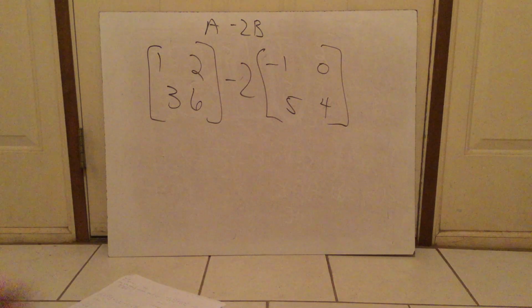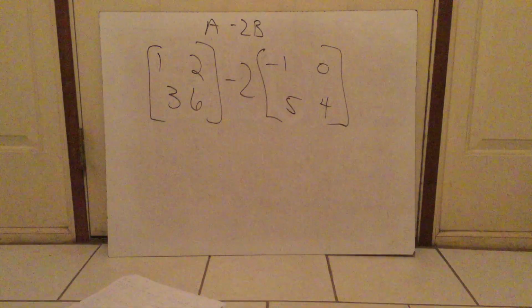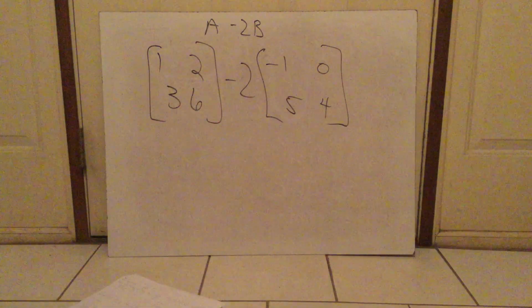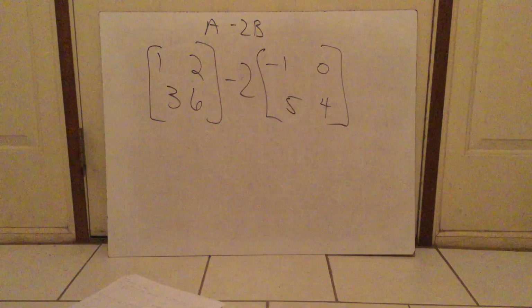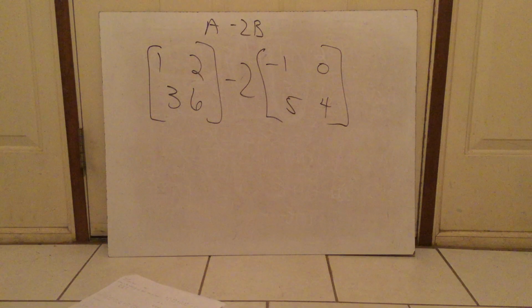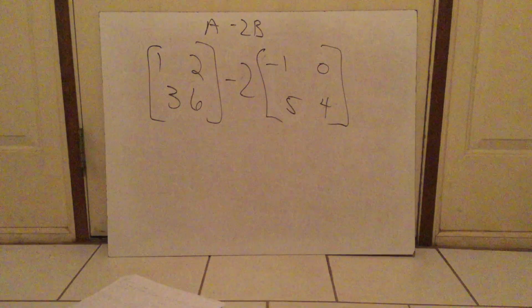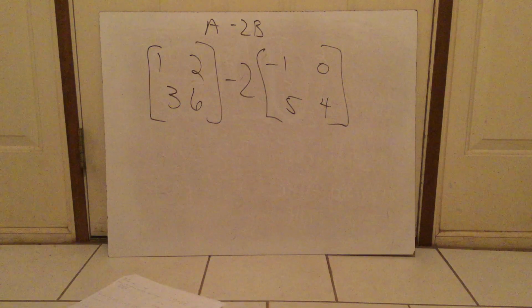But before we subtract, we probably ought to deal with that scalar. That number 2 right there, we call that a scalar. Probably ought to deal with that. How do we deal with that? Do you remember? We distribute it, don't we? Now, this is a subtraction, so you have to be careful.